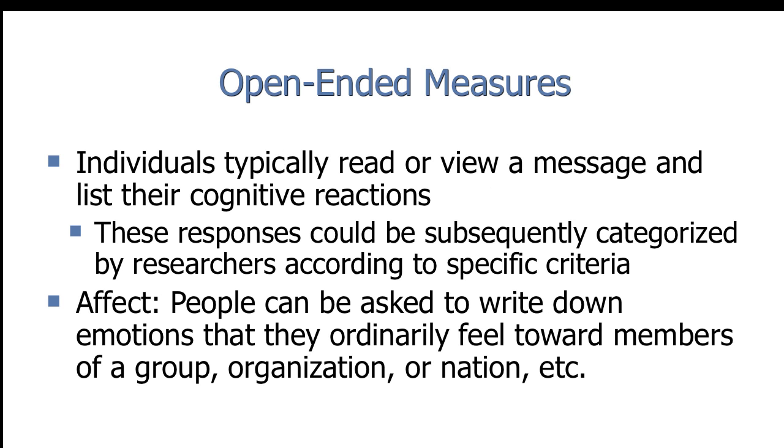Individuals typically read or view a message and list their cognitive reactions. These responses could be subsequently categorized by researchers according to specific criteria. The effect? People can be asked to write down emotions that they ordinarily feel toward members of a group, organization, or nation, or anything else.